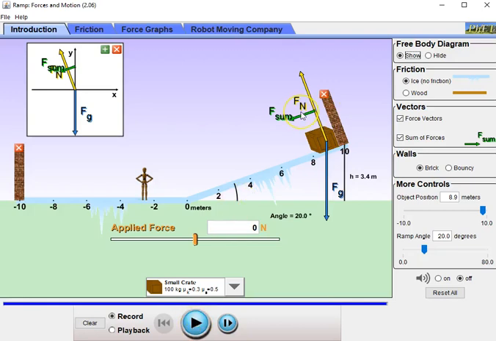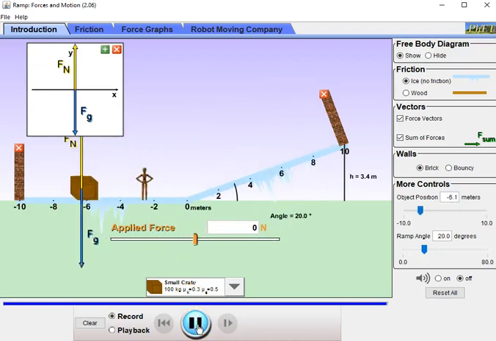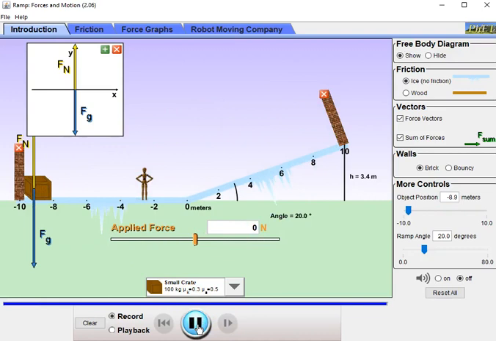Now the resultant force is in this direction. So if I play it again, that's how it goes. It just slides back down, which is something that we all have experienced, right? Like pushing something up the ramp and then looking at it slide back down. It's probably something that we've all encountered every now and then.